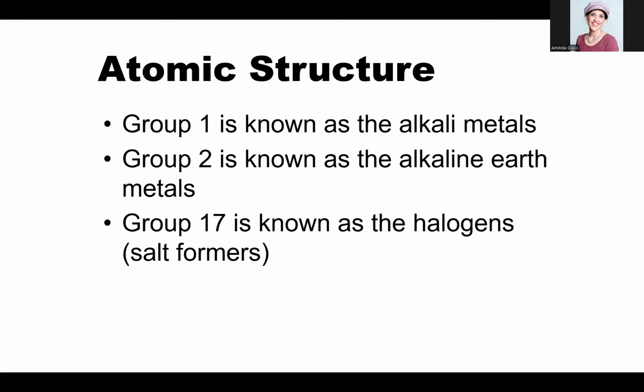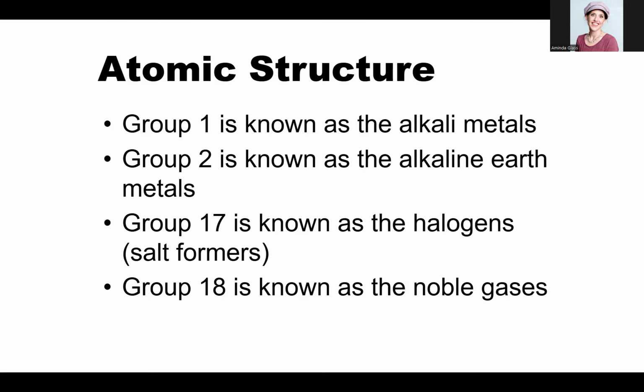Halogens are the salt formers. So chlorine mixed with sodium makes sodium chloride, which is salt. Now, not all salts are table salts, but you have salts that will make with the group 17 elements.